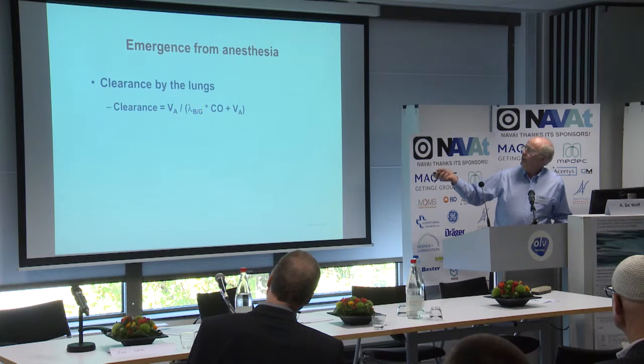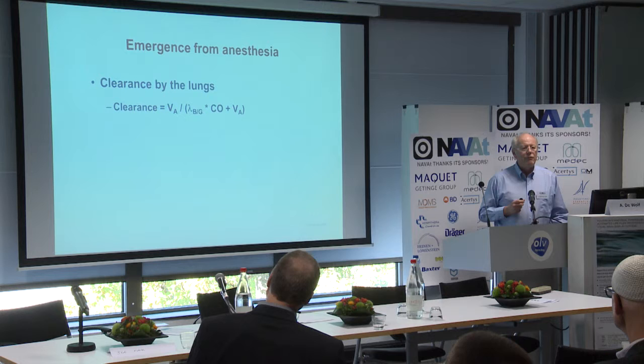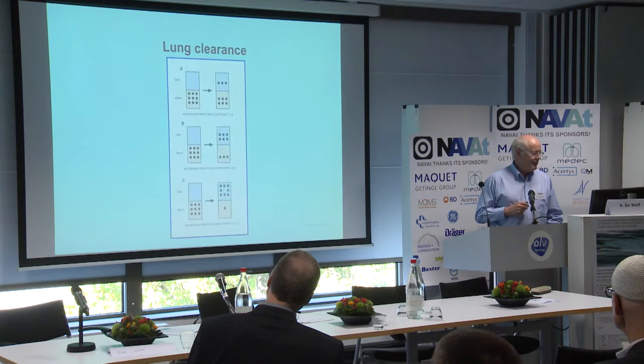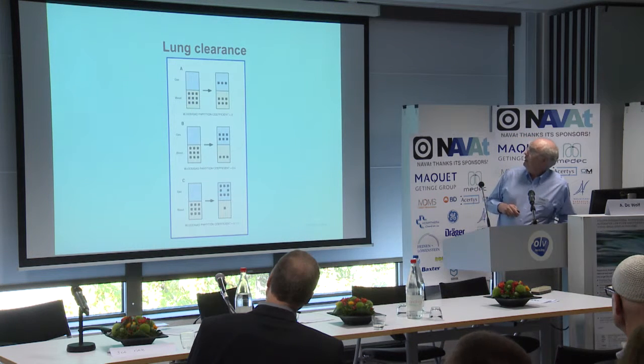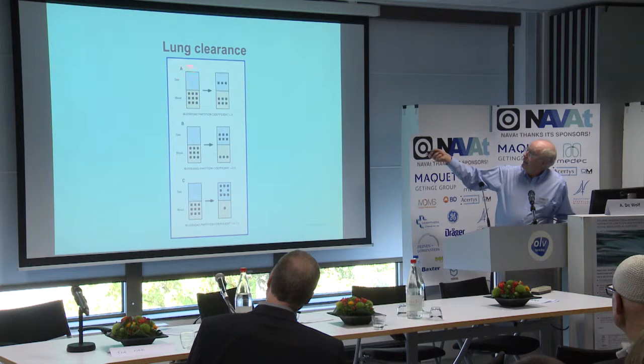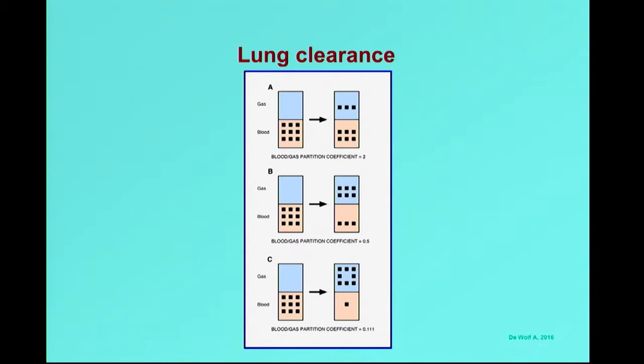It's a bit harder to intuitively grasp what the effect is of blood gas solubility. And that's why I made this slide. In pane A, you will see the effect of solubility after equilibration. On the left-hand side, you see the situation before equilibration, the amount of vapor molecules in the gas phase, in the alveoli, when you start off with 9 molecules in the blood phase.